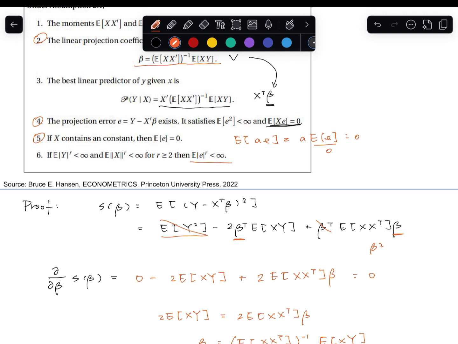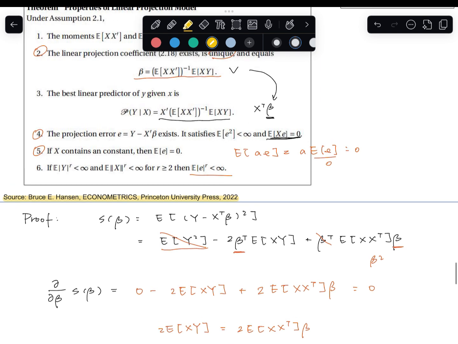If you are interested in what I have shown, you can check this book, which I believe is the textbook for the PhD course in economics. This is actually the second chapter of this book.